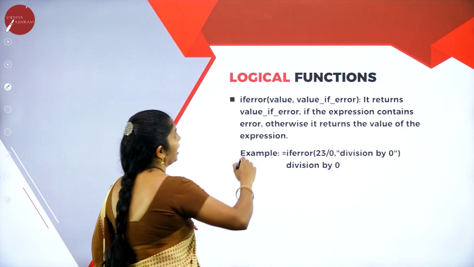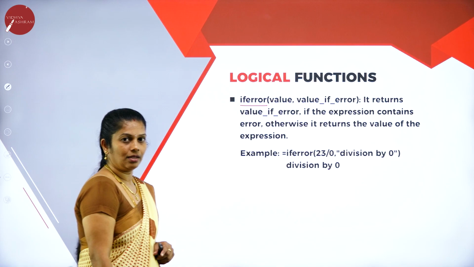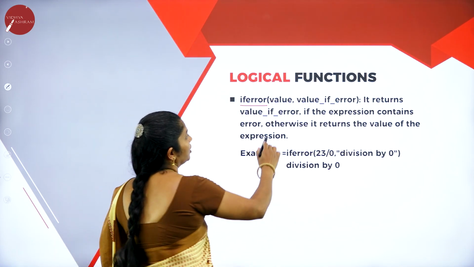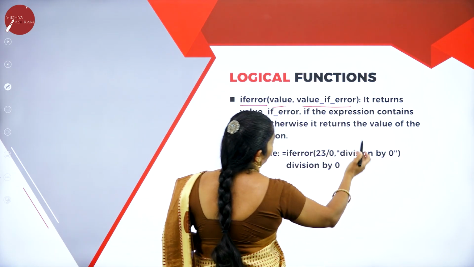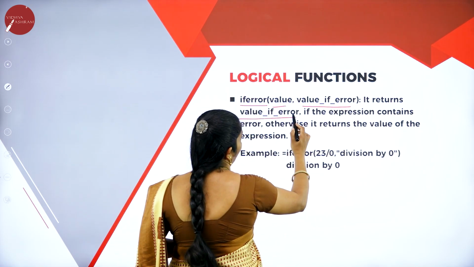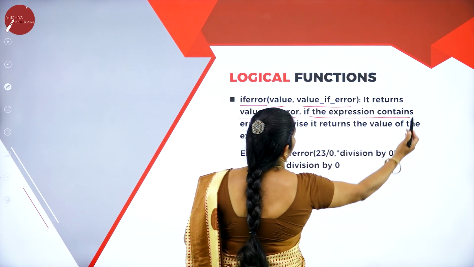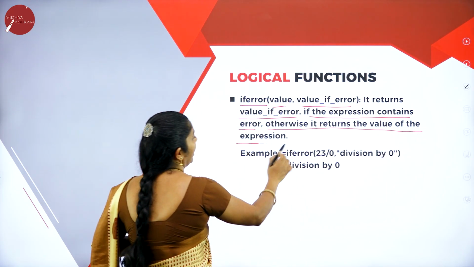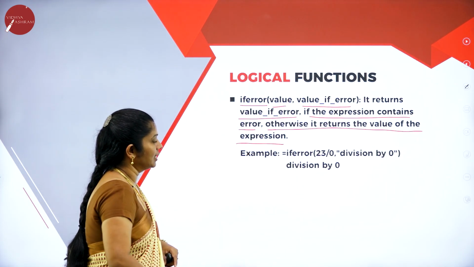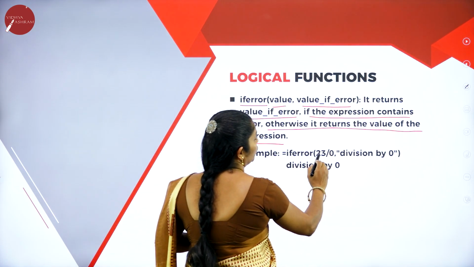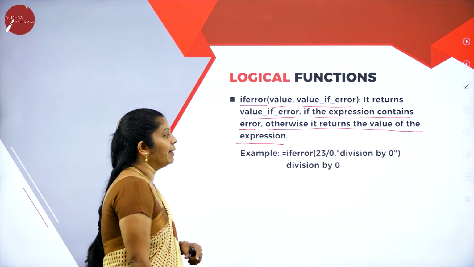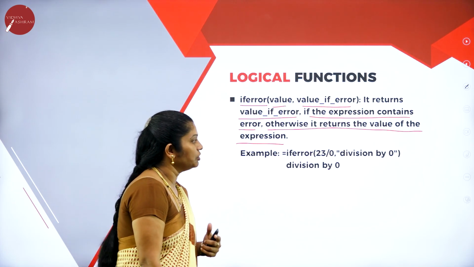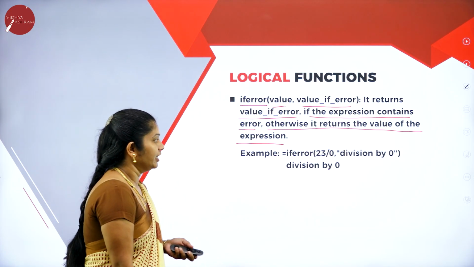Next, under that, IFERROR. IFERROR means value if error. It returns the value if an error is there, if the expression contains an error, otherwise it returns the value of the expression. In this example, if you observe, IFERROR 23 divided by 0, then "division by 0".